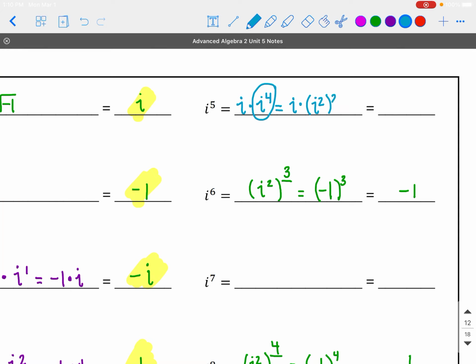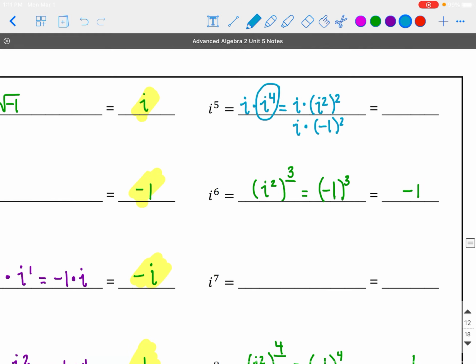I can do i squared squared. i squared is negative 1 squared. So i times negative 1 squared would be a positive i. I know this is really confusing, and you just kind of have to memorize the steps, the pattern. And we can do more examples in class if you need them.